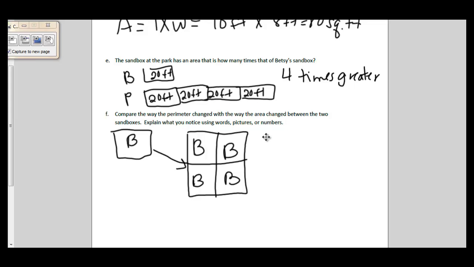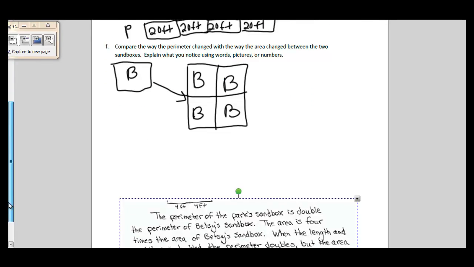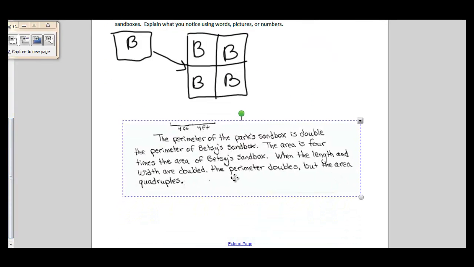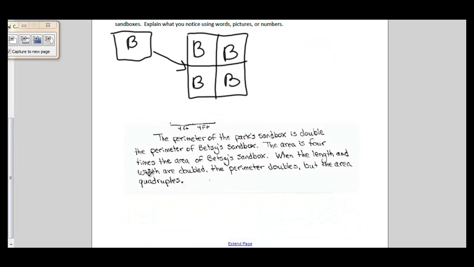So the perimeter of Betsy's sandbox only doubled, but the area quadrupled. So let's think about that for a second. So if the perimeter of the park sandbox is double the perimeter of Betsy's sandbox, the area is 4 times the area of Betsy's sandbox.